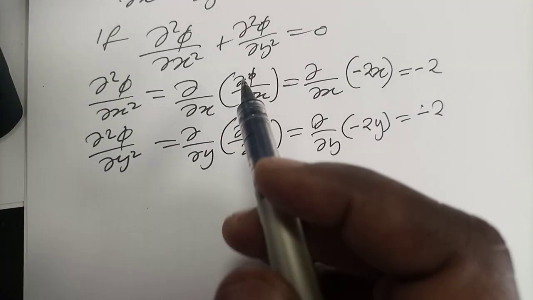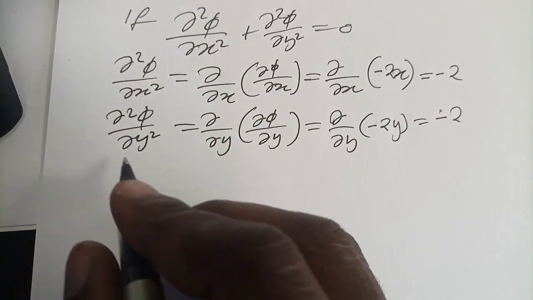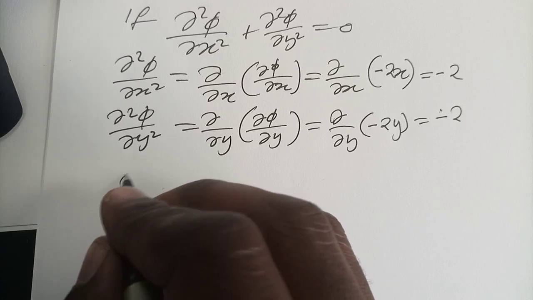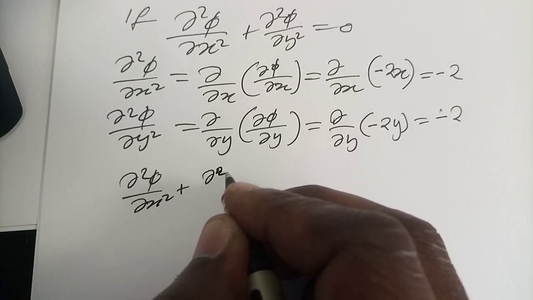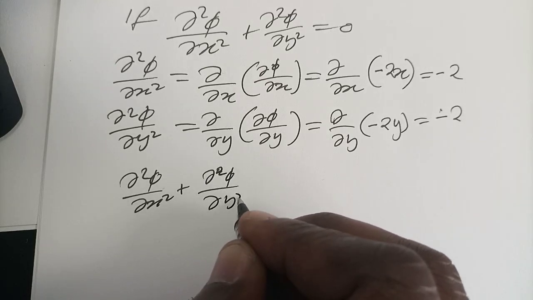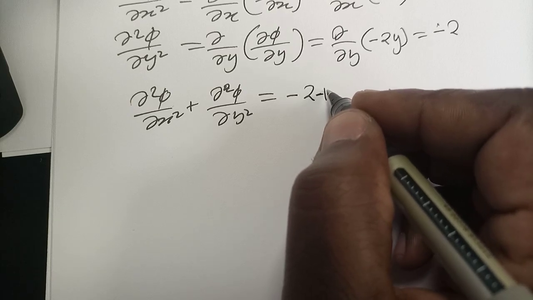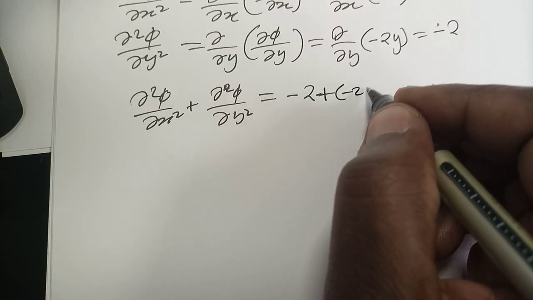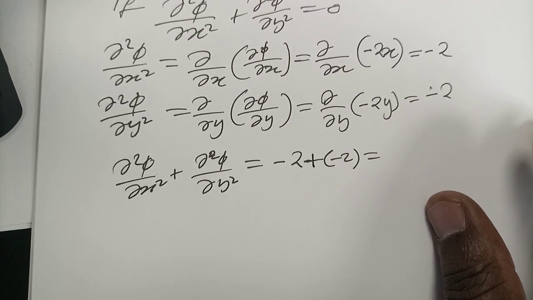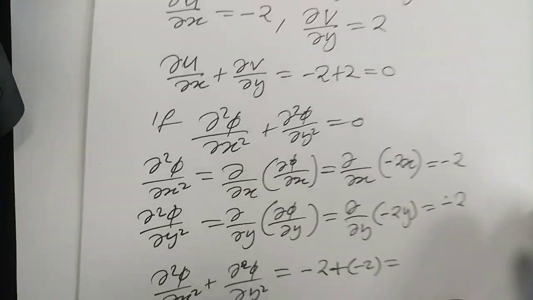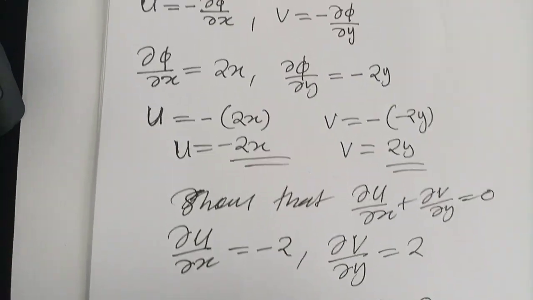So now you add the two equations. This is negative 2 plus negative 2, which should give you, oh sorry, I made a mistake on this.